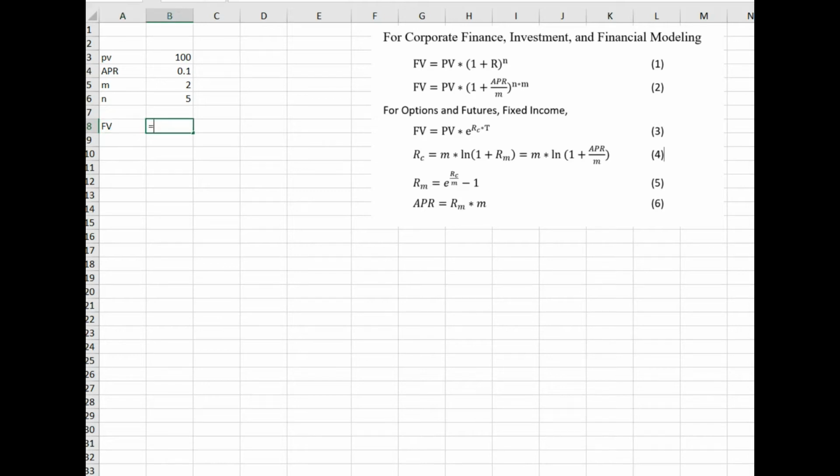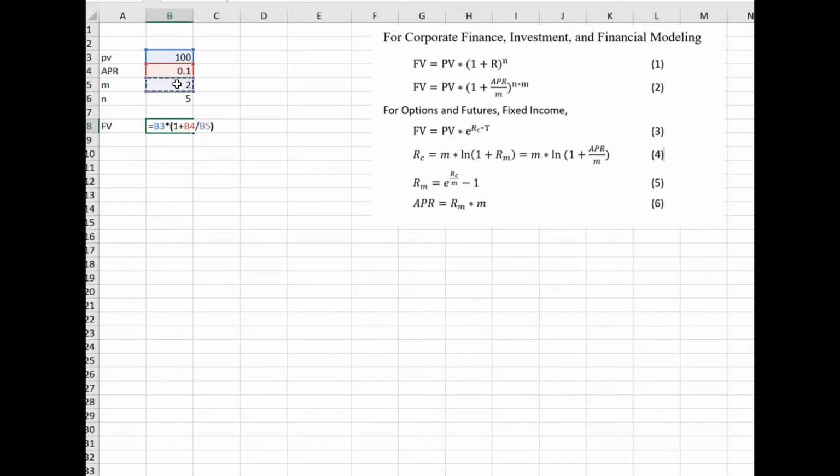Future value equals present value times 1 plus, because this is the effective semi-annual rate, APR divided by 2, so 10 divided by 2.